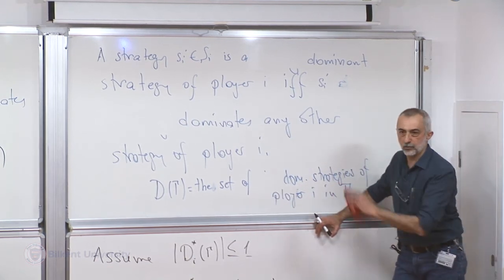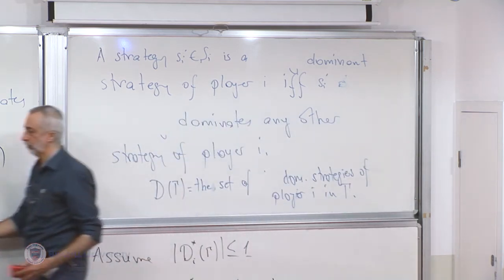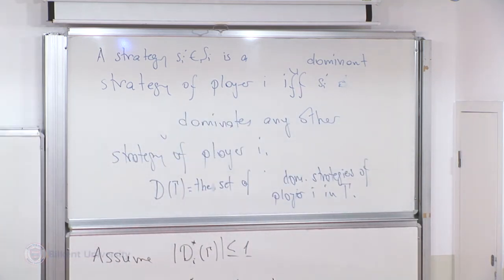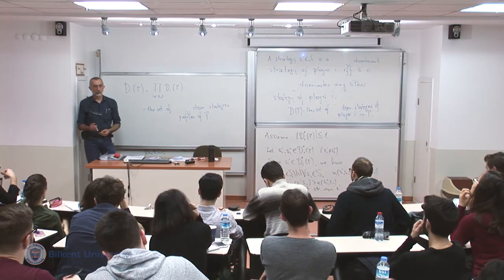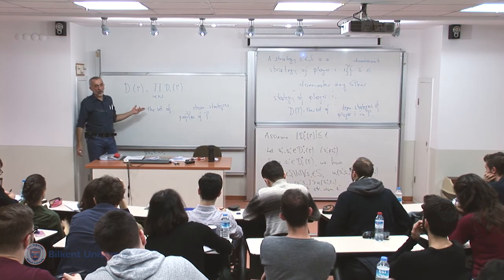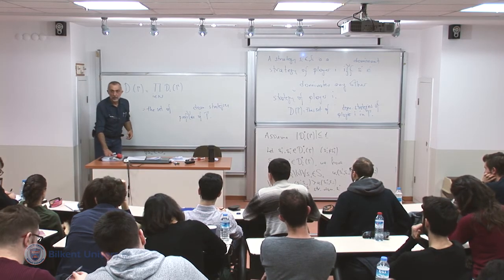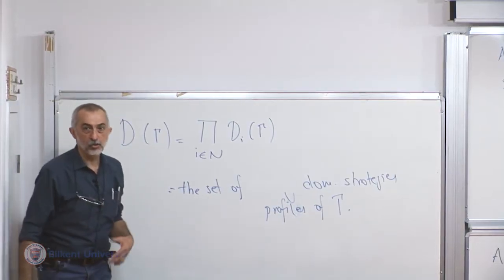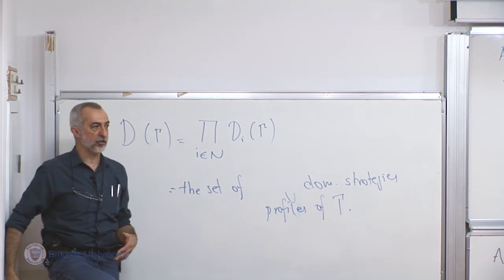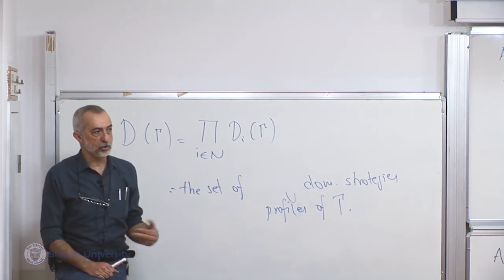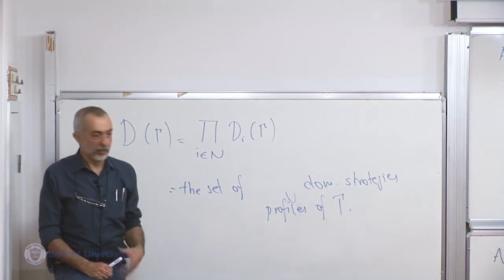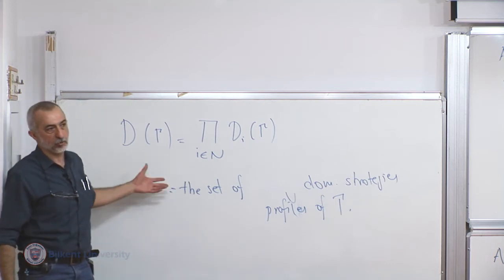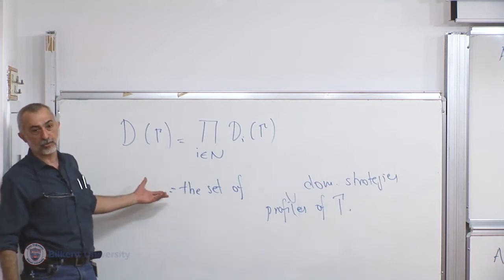And then the rest goes on the same. So far so good? Now we have a new animal. This is our second solution concept, the second method that we can use to make predictions or prescriptions. Whenever you have a new animal, the first question you should ask is, does it always exist?